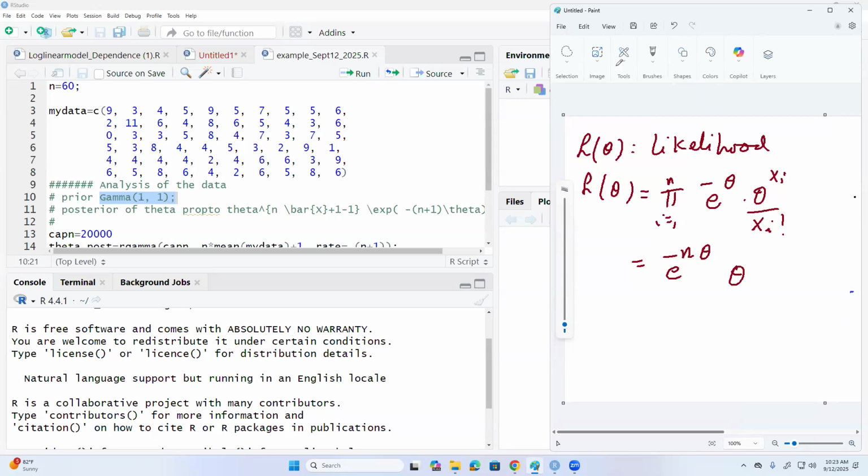Now sum of xi means n times x bar, over product of xi factorial. And you have a gamma prior distribution. So the prior for theta is theta to the power 1 minus 1 and e to the power minus theta times 1, so it is e to the power minus theta.